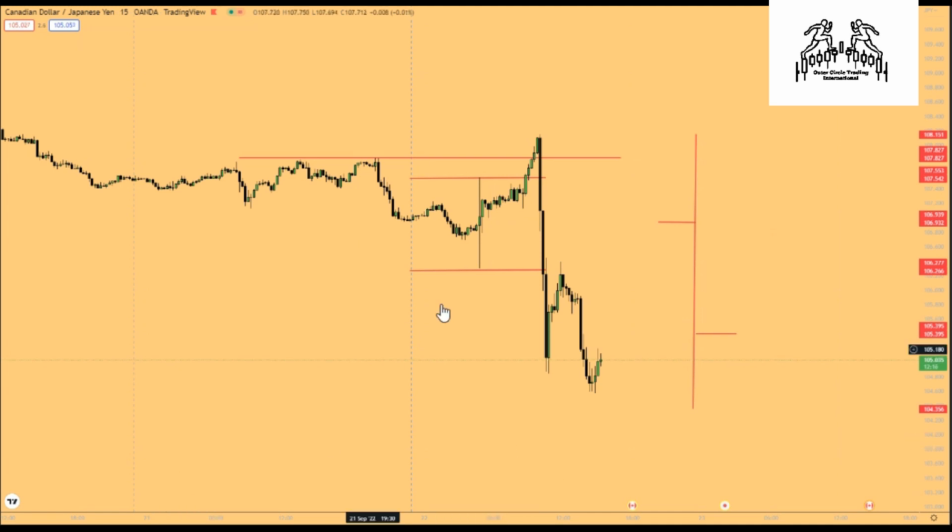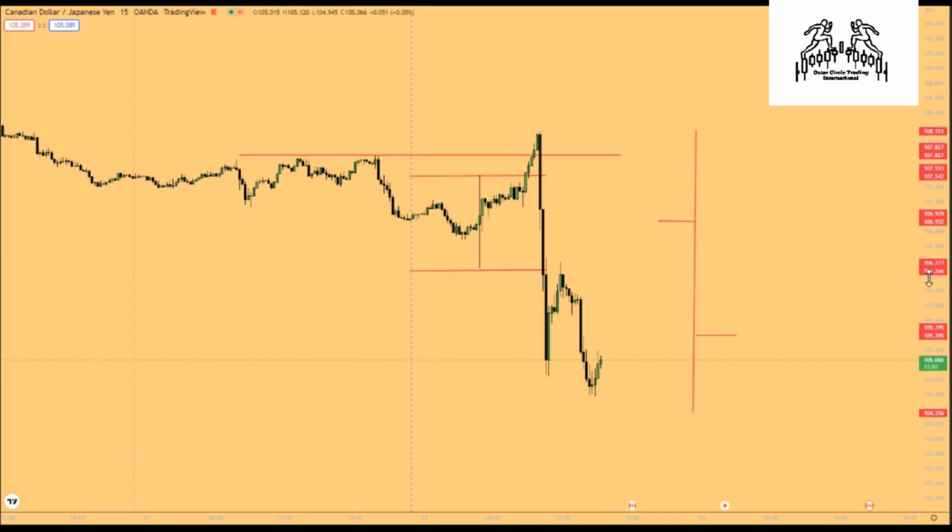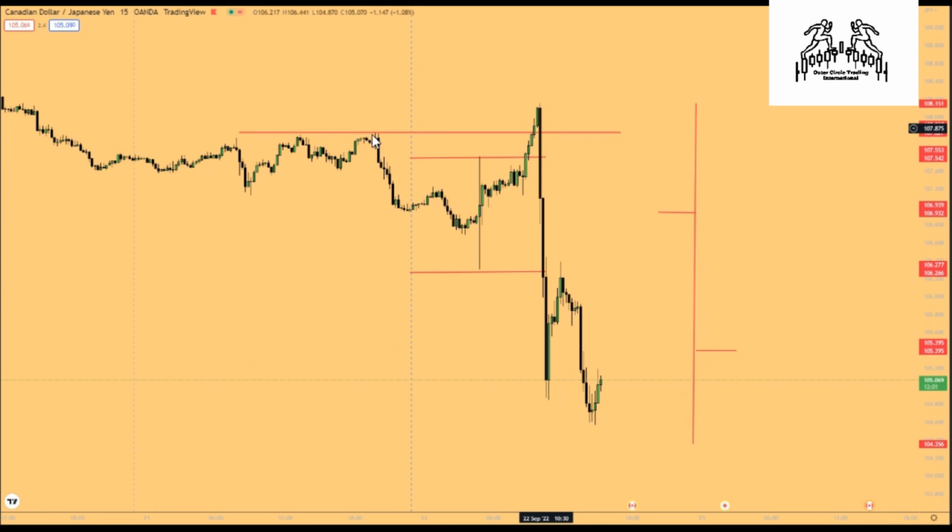You'll see it on EUR USD, GBP USD, USD JPY. Just go and look for this on your chart, and you will see this Power Tree. This is your accumulation, this is your manipulation, expansion, and distribution.